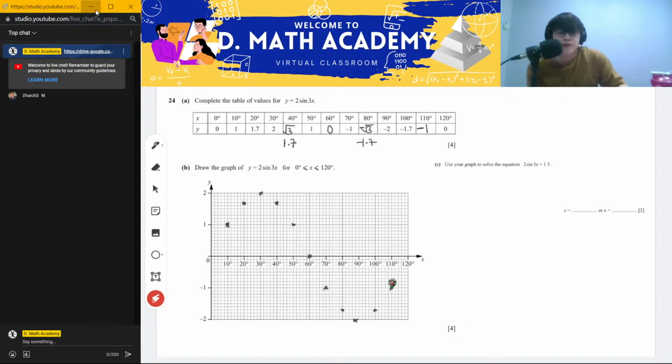Okay, with all these points labeled out, you'll be able to construct the graph now. Super ugly, sorry for my poor drawings.